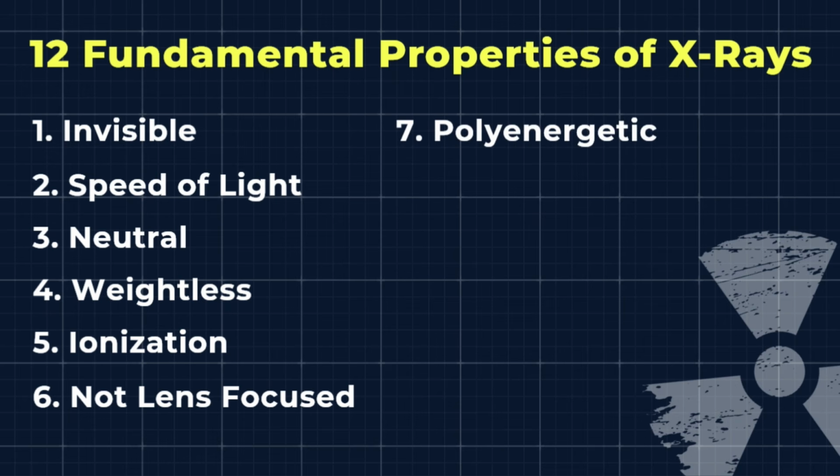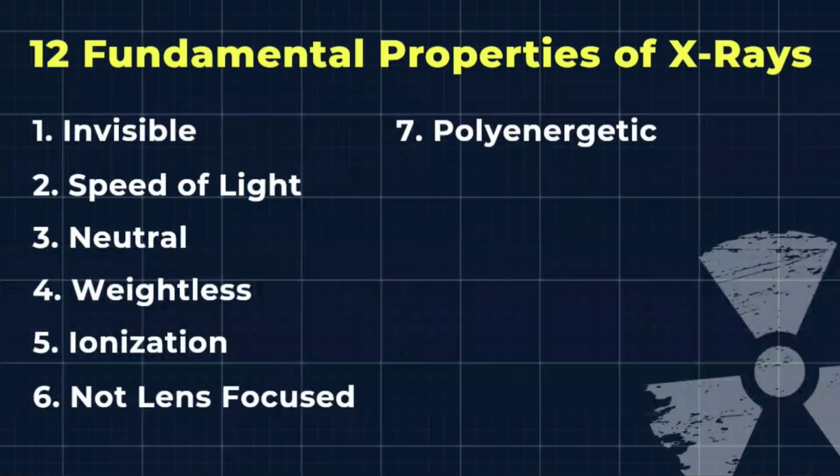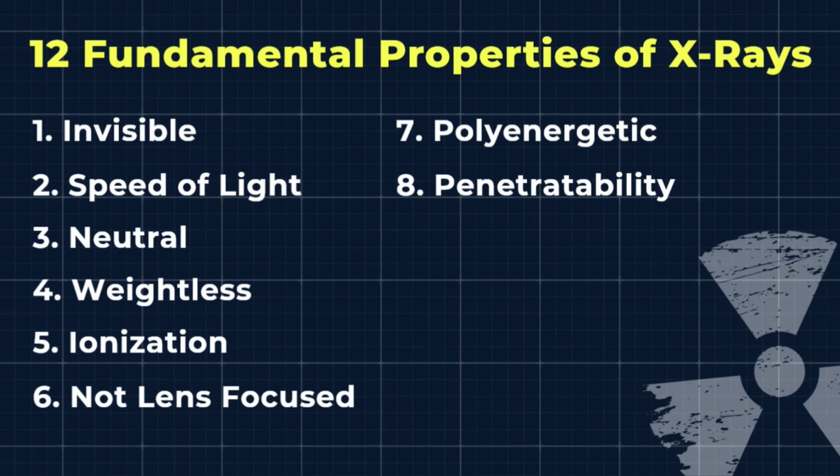Okay, seventh, X-rays are polyenergetic or heterogeneous in nature, which means they come in all levels of energy, wavelengths, and penetrating power. Eighth, they can penetrate the human body due to their high frequency and short wavelengths.